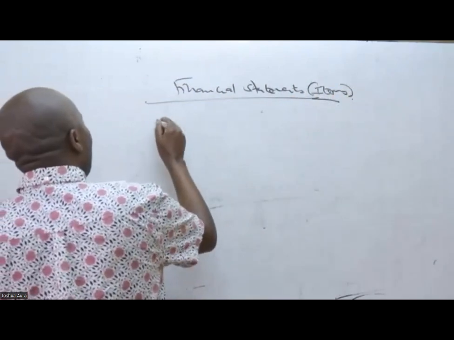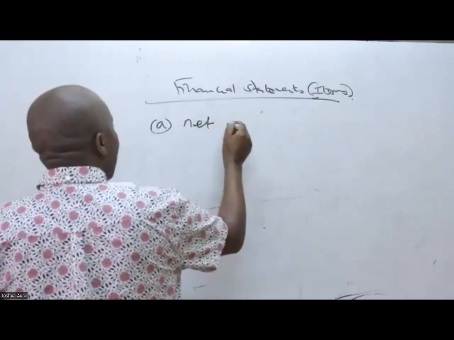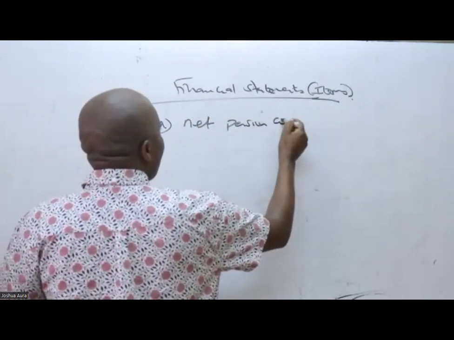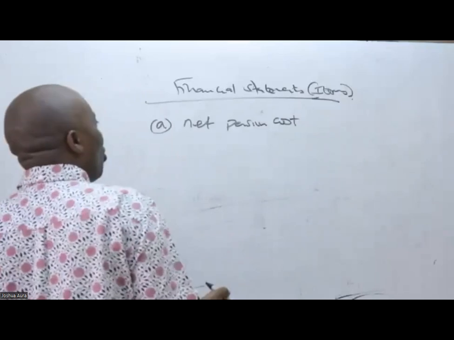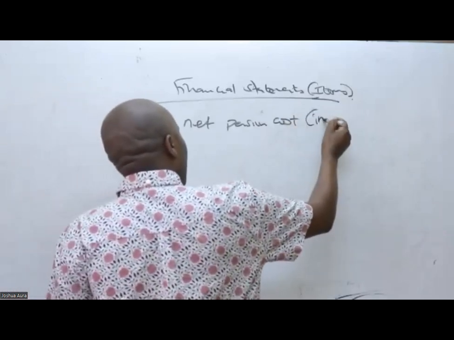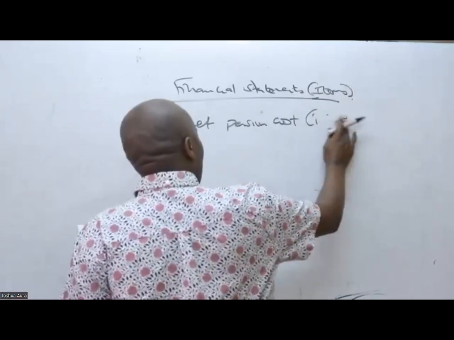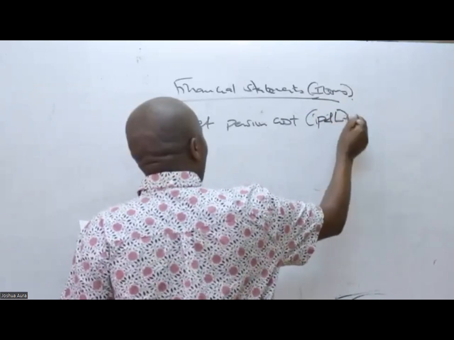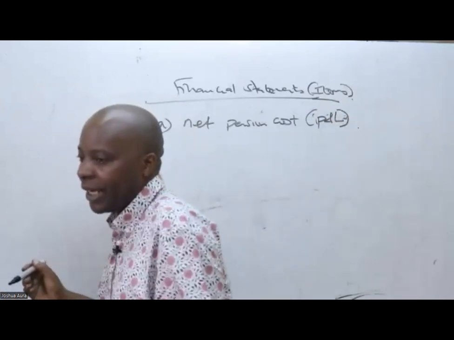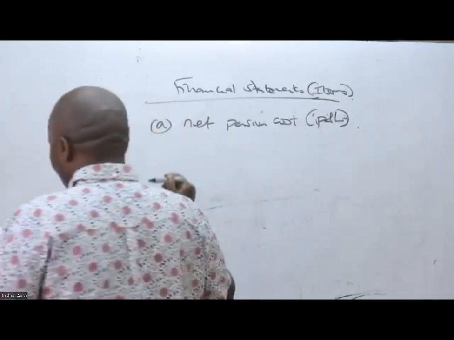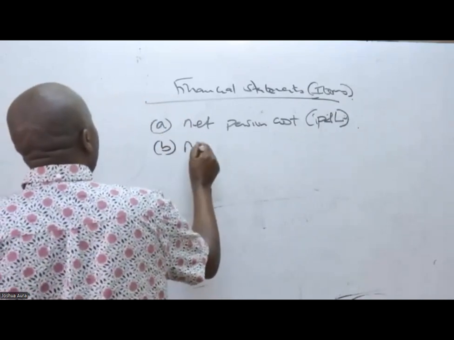Number 1, we'll need what we call the net pension cost. So this will go to the income statement, to the profit and loss as an expense.